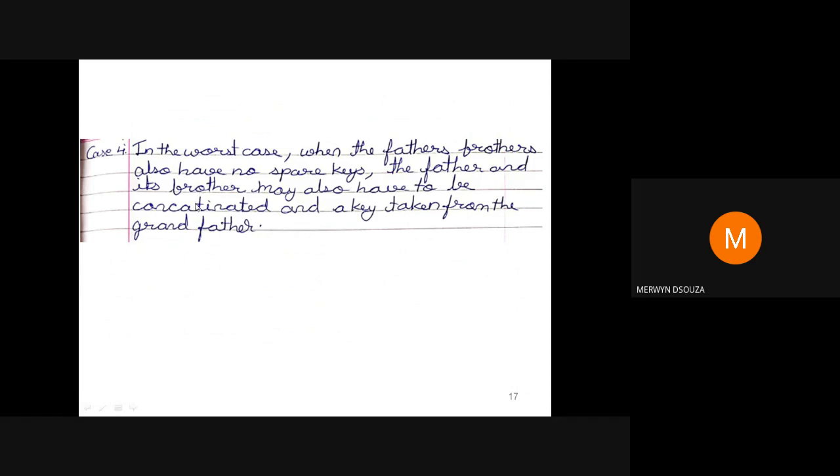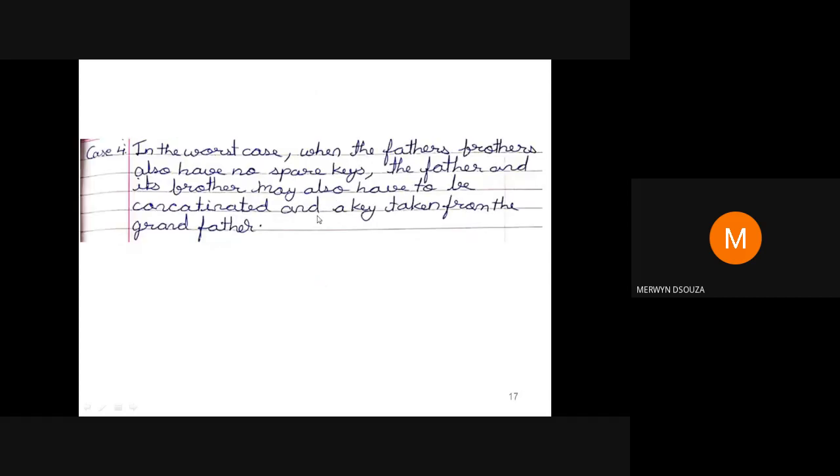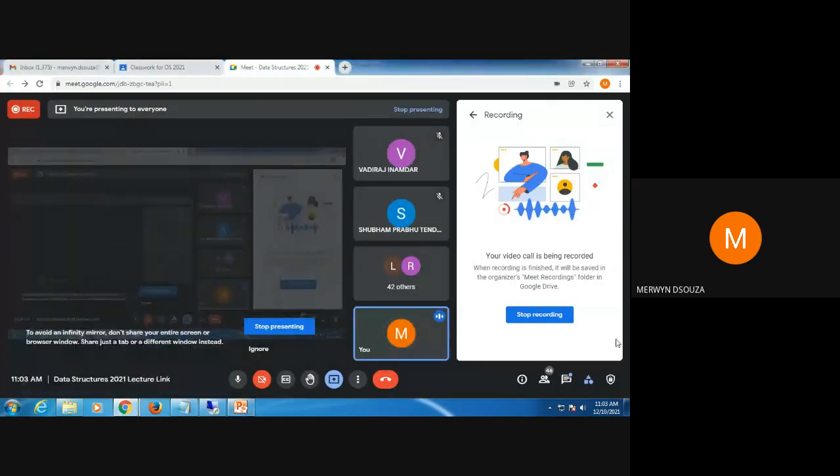So you concatenate at 2 levels, at the lowest level like we did, and at the father's level also, and you borrow the key from the grandfather. So that's case 4. This is how deletion happens in a B tree. You need to go through these cases a little bit.